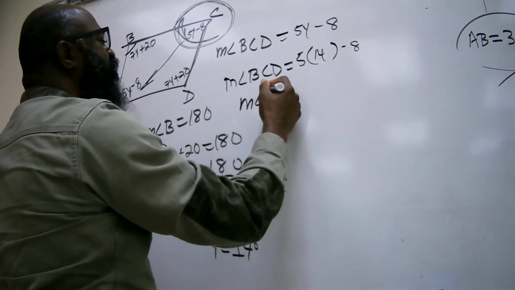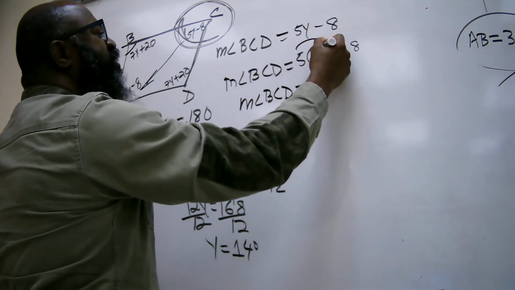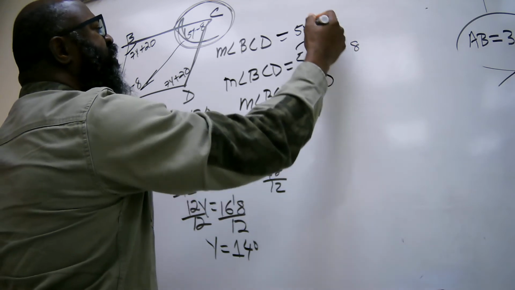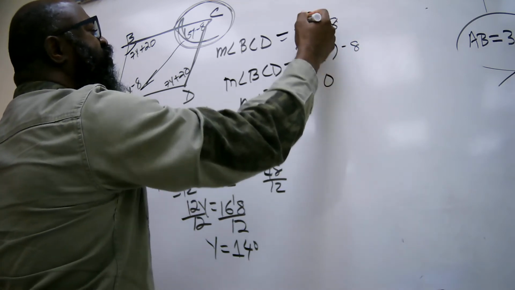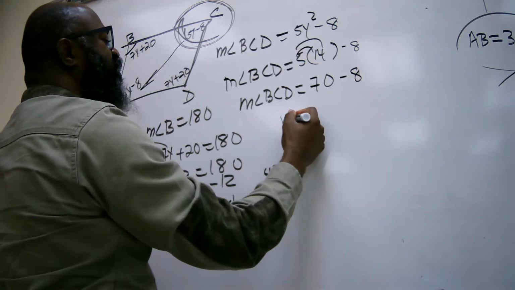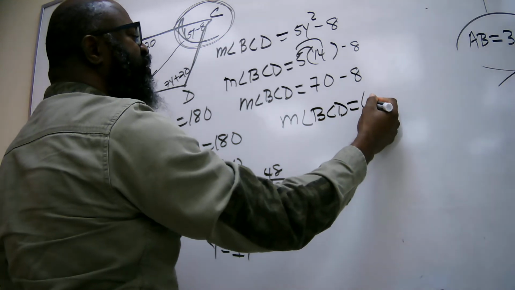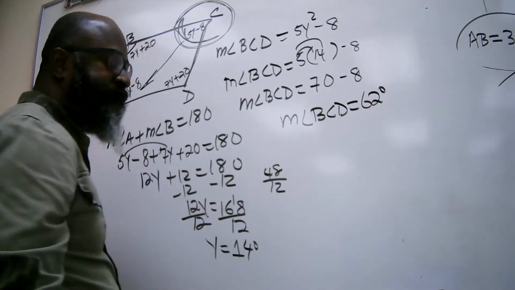You will find the answer you're looking for: 5 times 14 is 70, then you'll have 70 minus 8. Then the measure of angle BCD, in this case, will be 62 degrees.